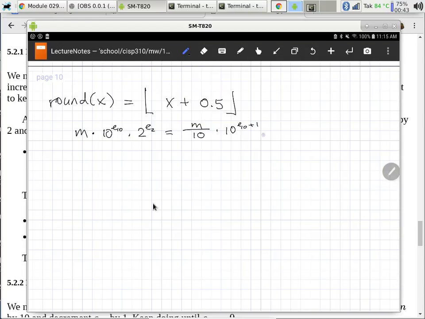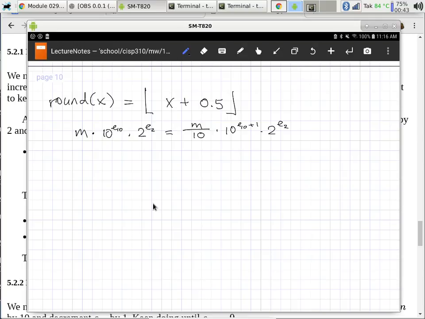Nothing is being done to E2 at this point. Can everybody buy this argument? If I divide the mantissa by 10, in order to maintain the same V, which is the value represented, I have to add 1 to E10. Since E10 is a negative value, E10 plus 1 is now 1 step closer to 0 than before. So that's why we have to divide m by 10.